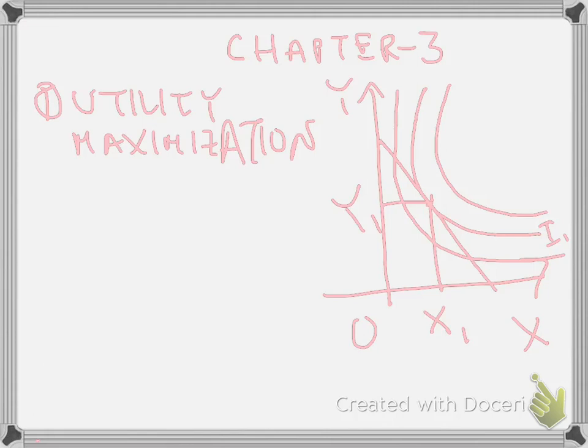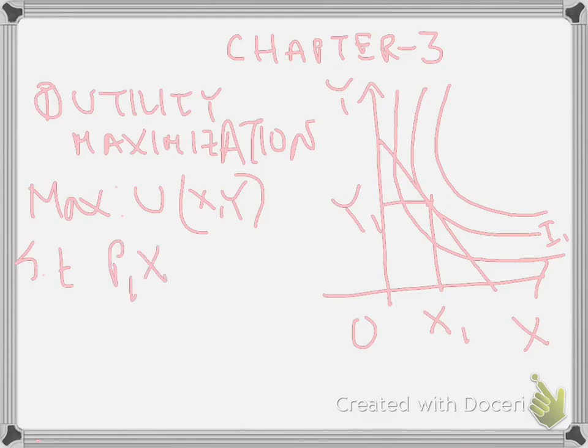So mathematically this same problem can be written as follows, and I'm sure some of you have seen that. So mathematically what we are trying to do is we are trying to maximize a utility function, which is a function of X and Y, the two goods the consumer is thinking about buying, and the consumer faces a constraint which in mathematical form is written like that.